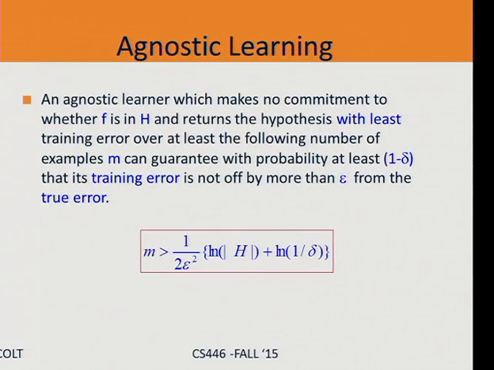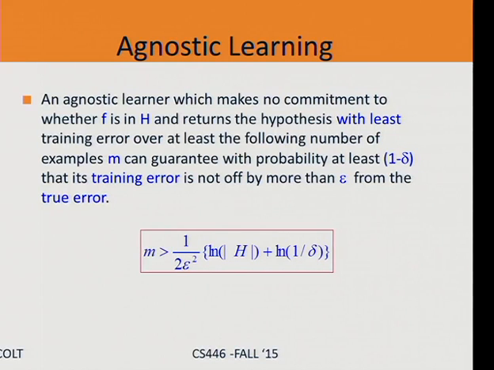And this M, I just reversed the formula from this slide. So M is greater than something that is inversely proportional to epsilon, inversely proportional to delta, and proportional to the log of H.